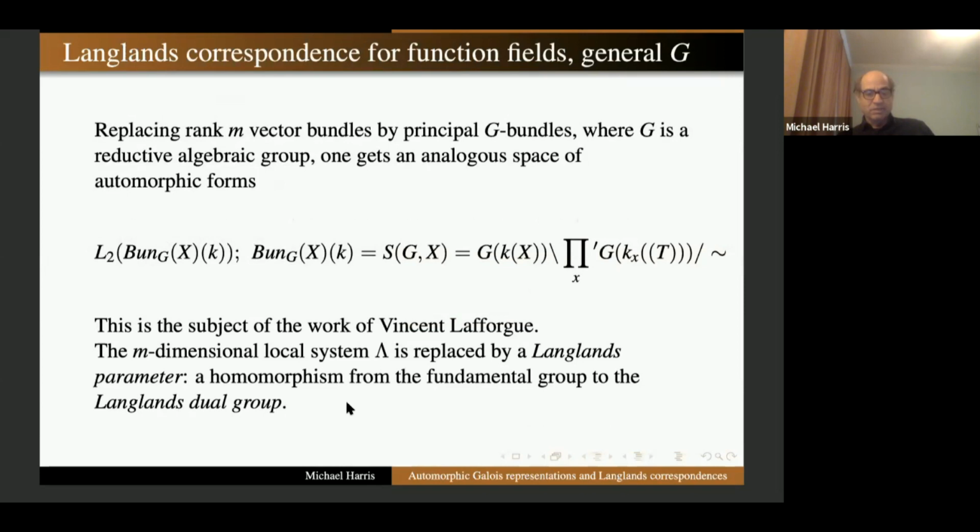And what Vincent Lafforgue proved is that if you look at the cuspidal constituents of this L2 space, which I won't try to define, to each cuspidal constituent you can assign a homomorphism from the fundamental group to the Langlands dual group. And that's the end of my slides.